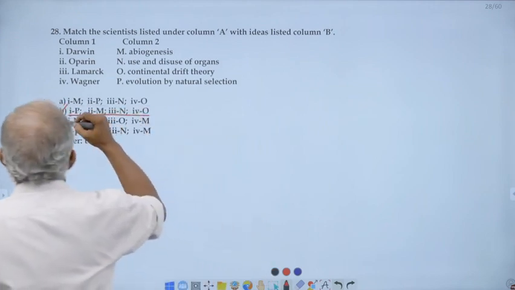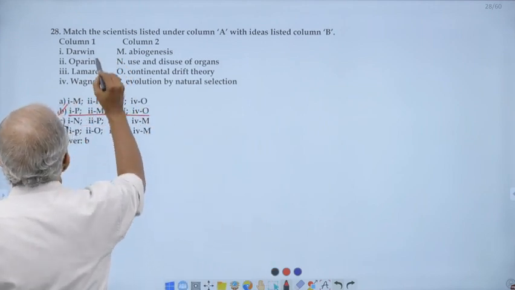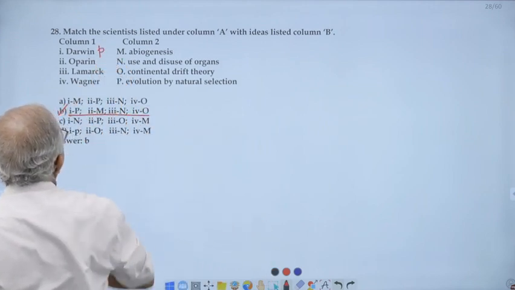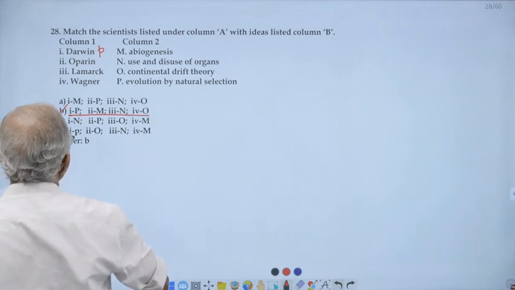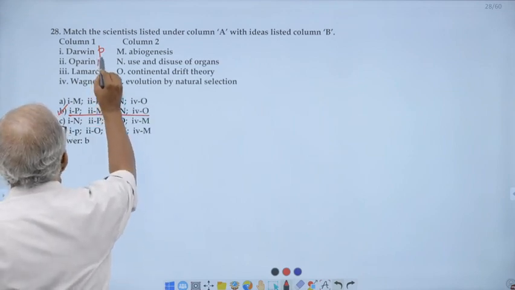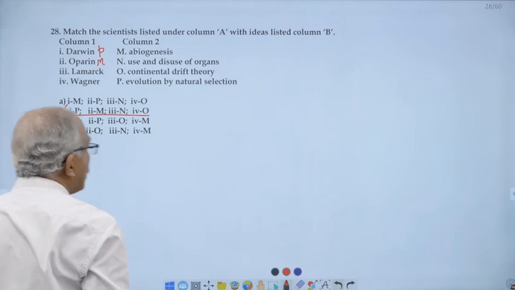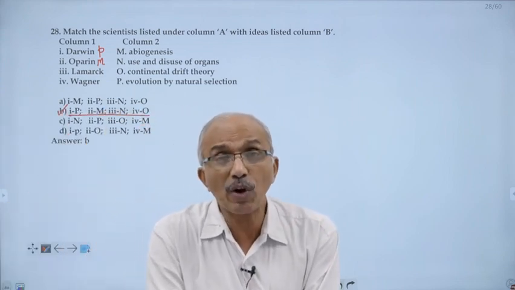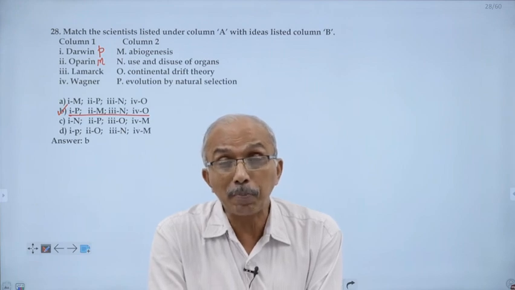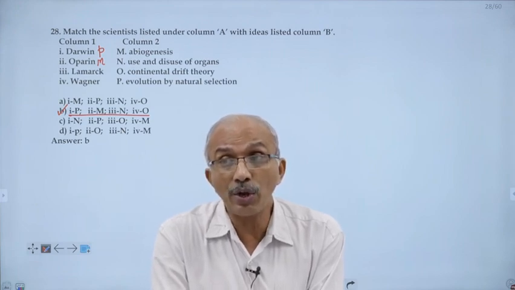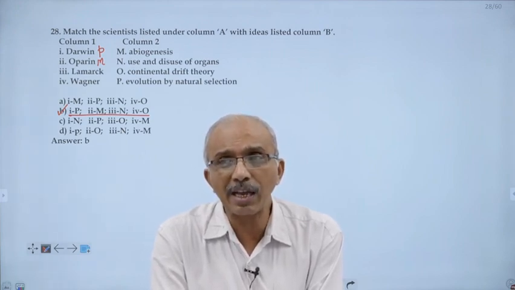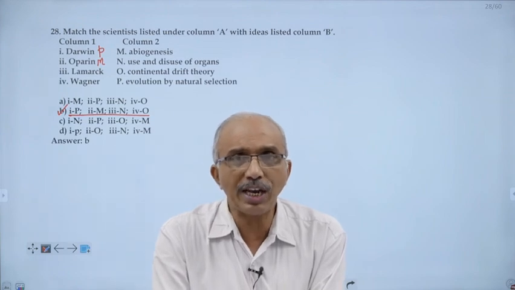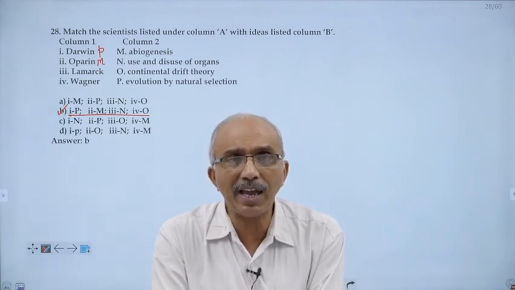Answer is B. Darwin, it is P. Evolution by natural selection. Oparin, abiogenesis. What is abiogenesis? Life originated from pre-existing non-living organic molecules.